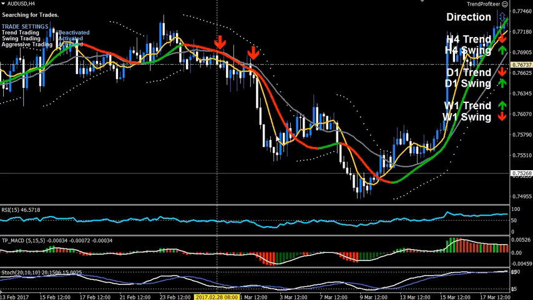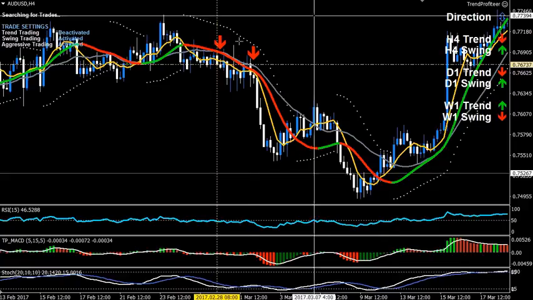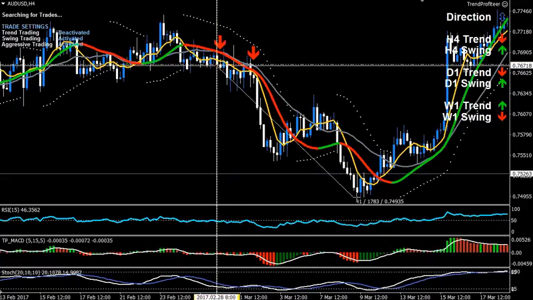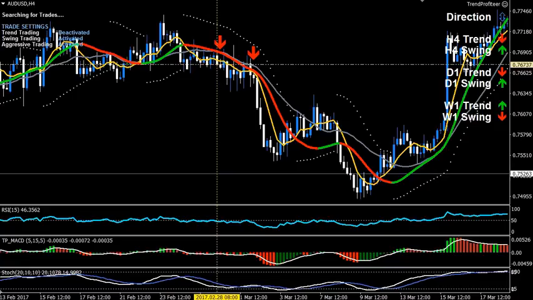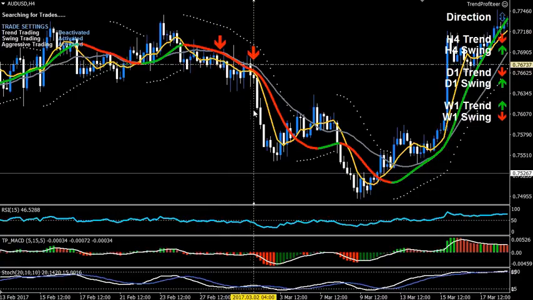Now we may have survived this, we may not have. If we did, then it went all the way down to just on 180 pips, giving us a 6-to-1 reward to risk ratio based on the 30 pips that we risked when we took this trade.